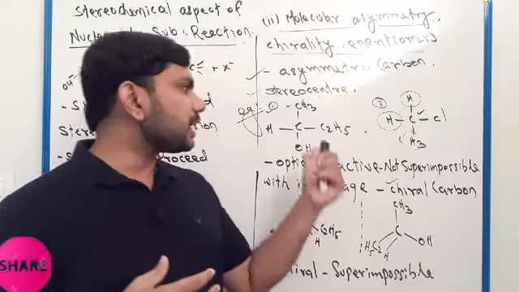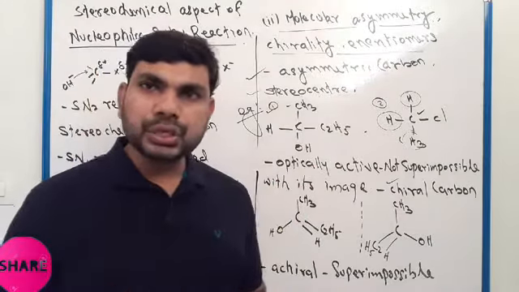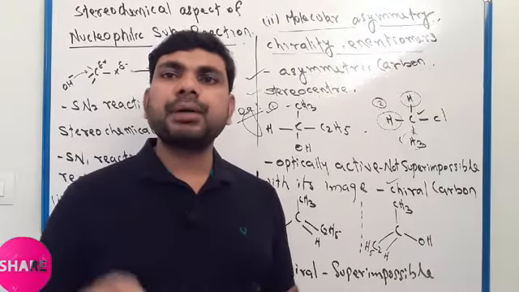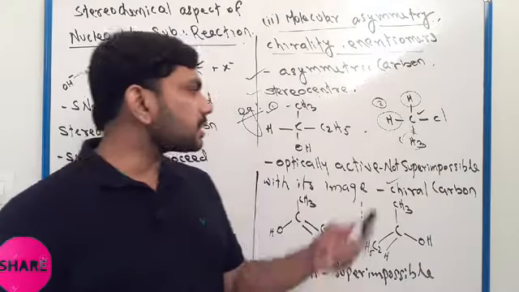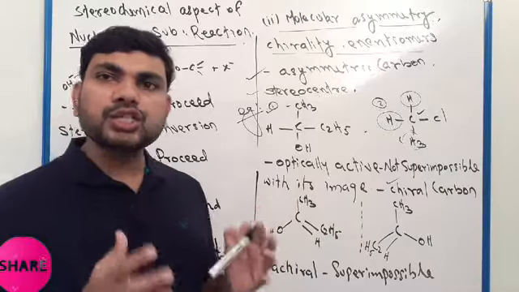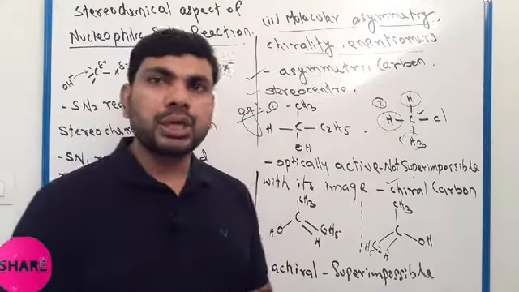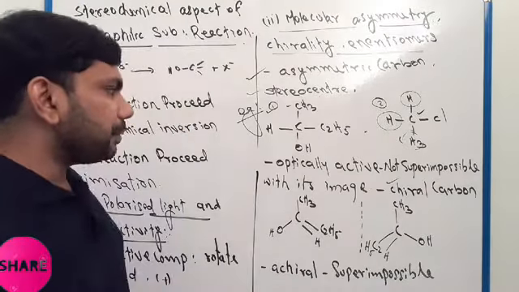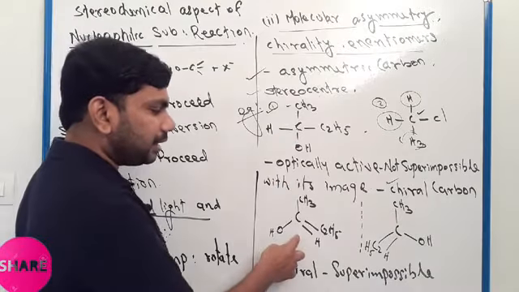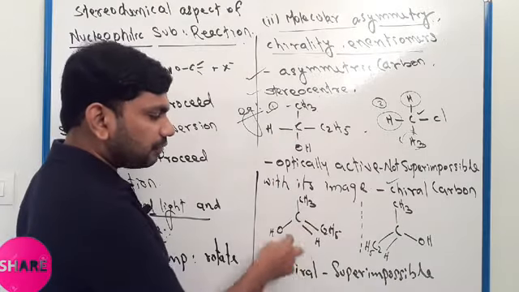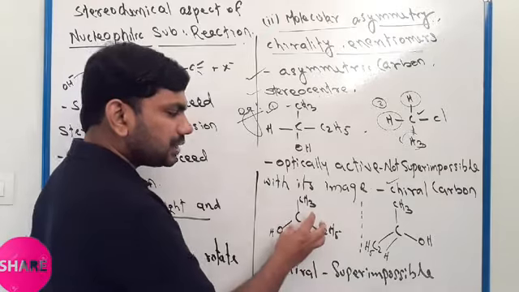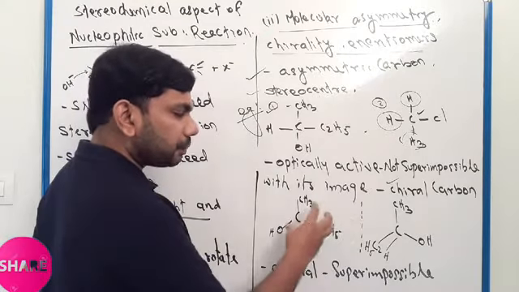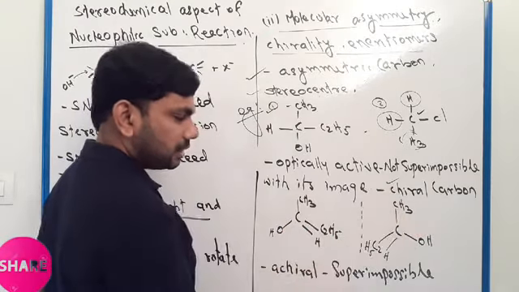Okay, and this type of compound produces non-superimposable mirror image. Non-superimposable mirror image means, same compound I drew here, carbon with 4 different groups. When you show this compound in a mirror, it produces its image like this.